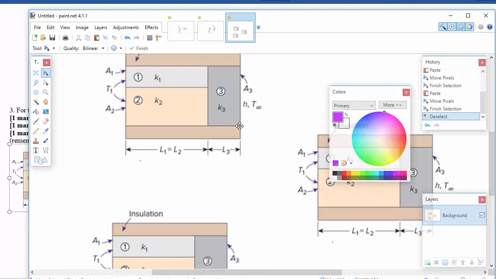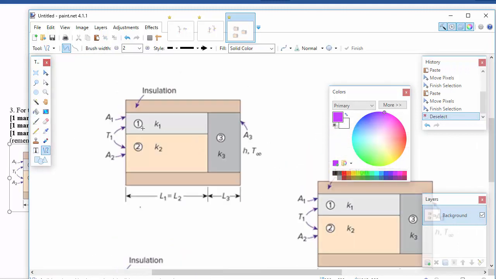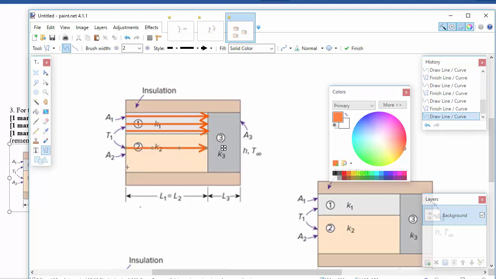Okay, perfect. So in the isothermal normal assumption, we'll get some heat flow lines. Heat is red, as everybody knows. That's sort of obvious. So if K1 is really high, then we'd have very dense lines up there, and K2 is low, so we've got sparse lines over in this part.